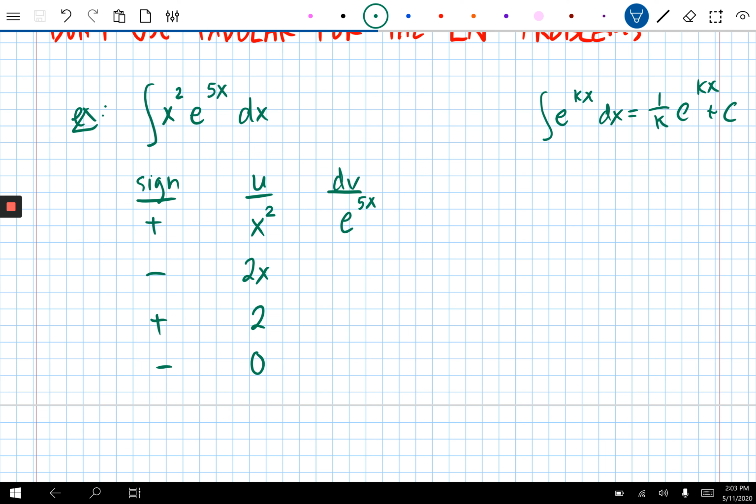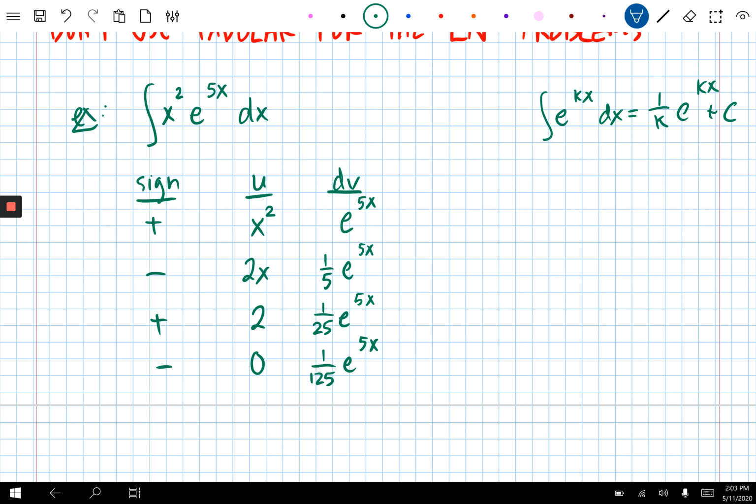So the antiderivative of e to the 5x is 1/5 e to the 5x. Then 1/5 times 1/5 e to the 5x is going to be the next one, so 1/25 e to the 5x. 1/25 times 1/5 e to the 5x, so 1/125 e to the 5x would be the next one.